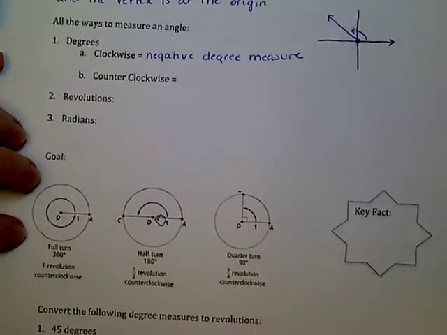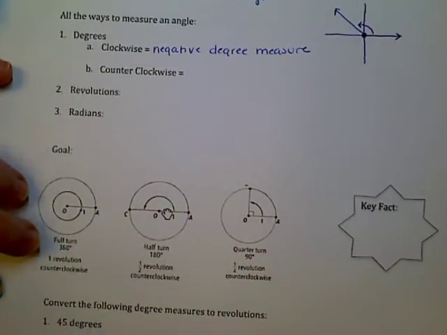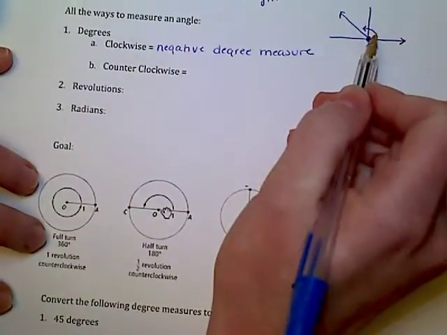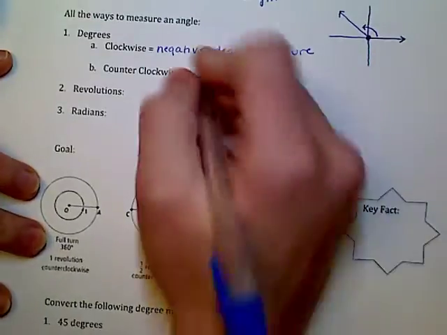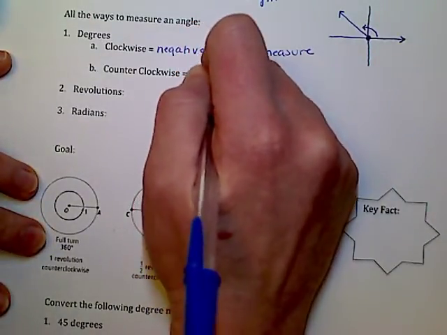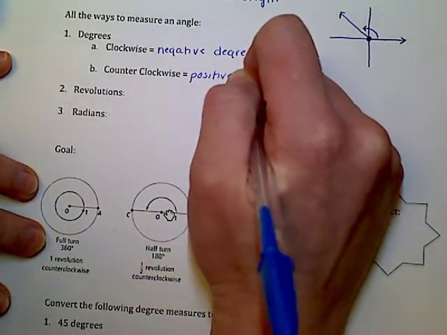If we go counterclockwise, which is actually what we're most familiar with when we talk about angles, so we go opposite of a clock, that's when we get positive degree measures.